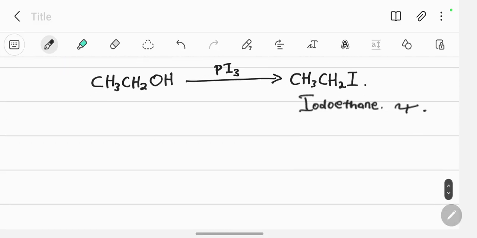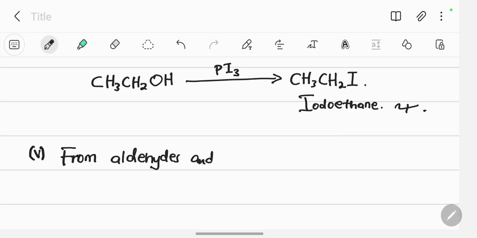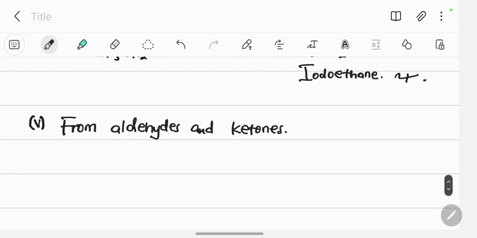Move to preparation 5, which is preparation from aldehydes and ketones. So generally, preparation from carbonyl compounds.